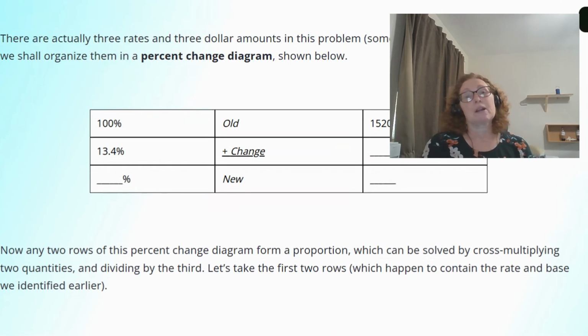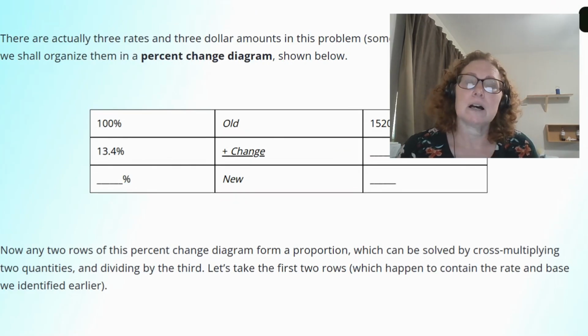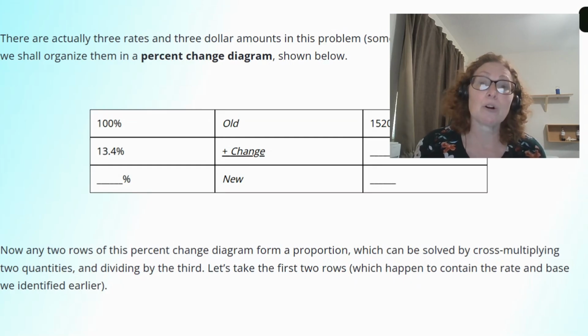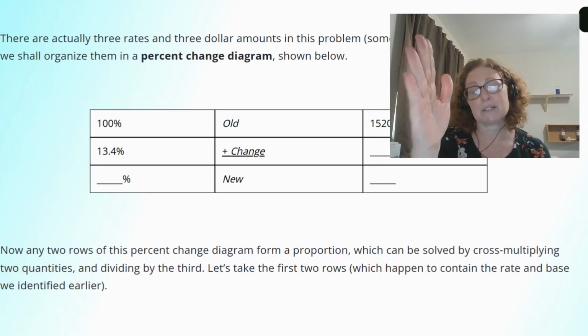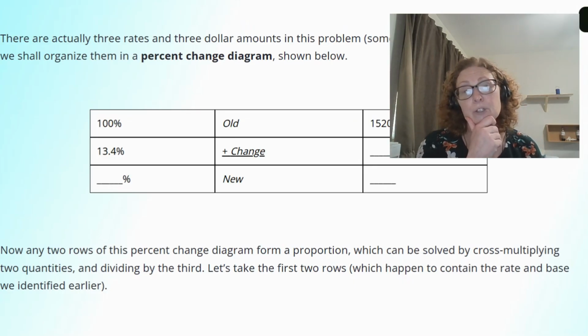So there's actually 3 rates we need to look at, and 3 dollar amounts. This right side is the dollar amount where it has 152,000. So we're looking at the old, the change, and the new.